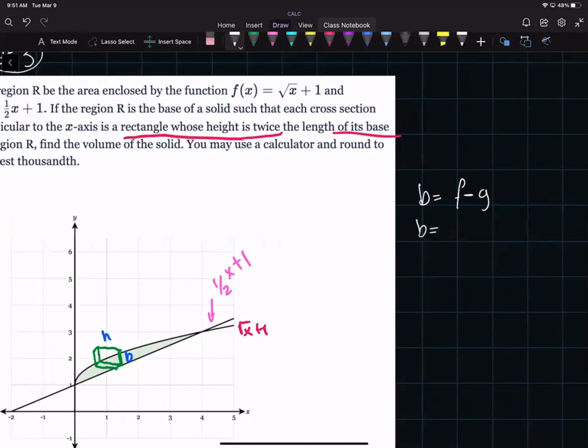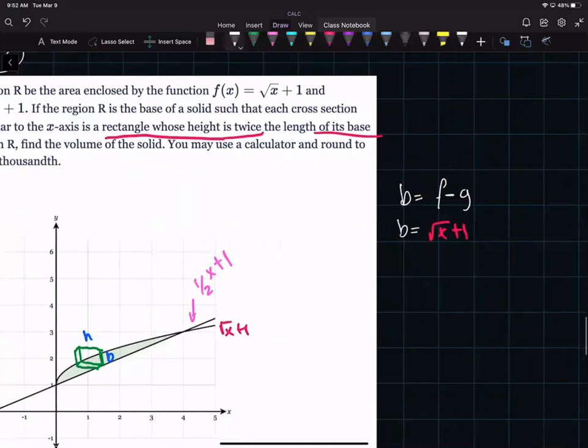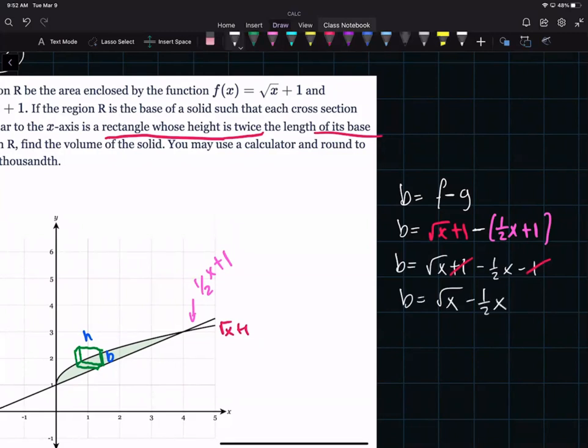So b is equal to f, that's radical x plus 1, minus my g, which is a half x plus 1. B is equal to radical x plus 1 minus a half x minus 1. We can see that the 1's cancel out. So b is equal to radical x minus a half x.